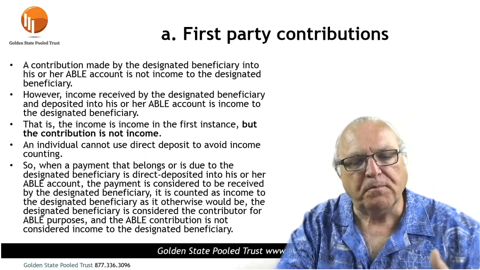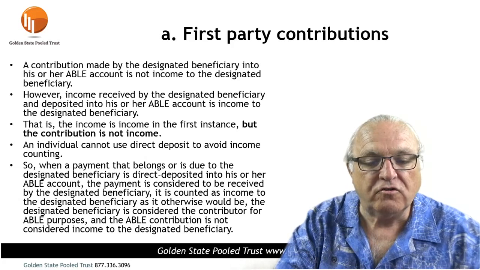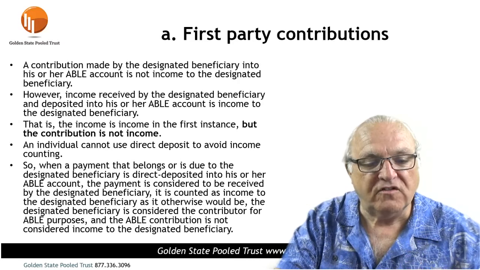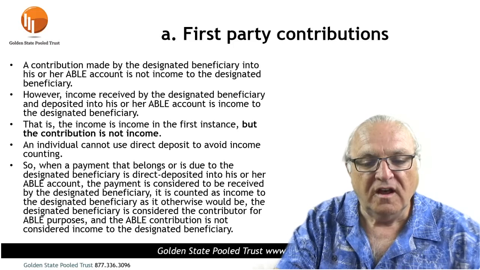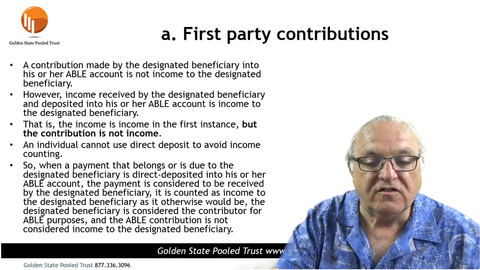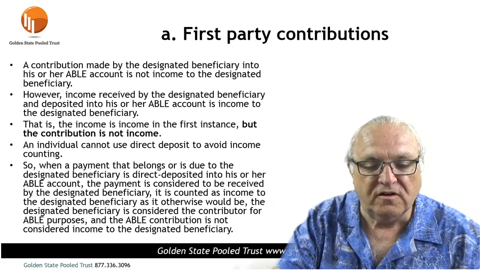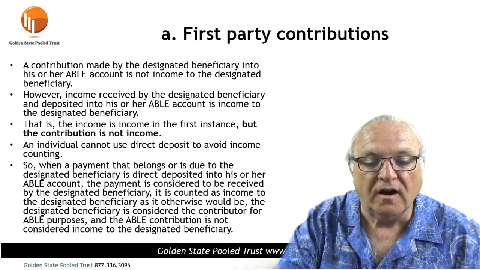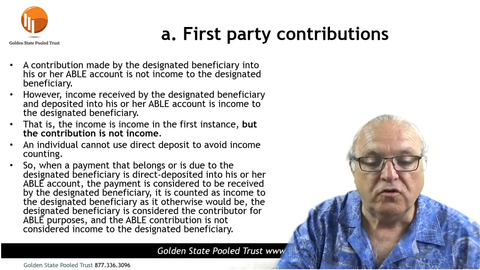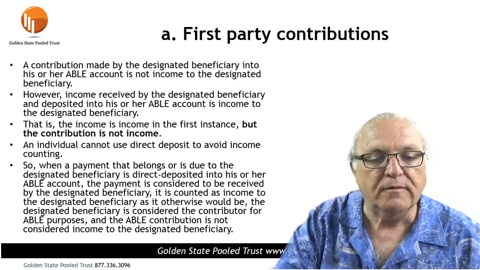So when a payment that belongs or is due to the designated beneficiary is direct deposited into his or her ABLE account, the payment is considered to be received by the ABLE beneficiary. It is then counted as income to the designated beneficiary as it otherwise would be. The designated beneficiary is considered the contributor for ABLE purposes, and the contribution is not considered income to the designated beneficiary.